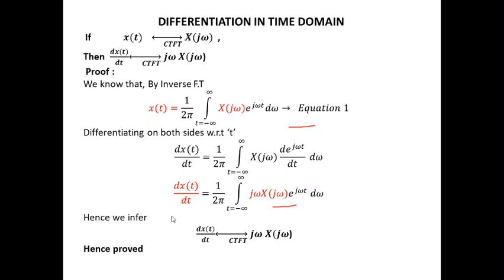So the next property is differentiation in frequency domain, and it is for the continuous time Fourier transform. The property goes like this: if X of j omega is the CTFT of x of t, then j into d by d omega of X of j omega will be the CTFT of t into x of t, right?